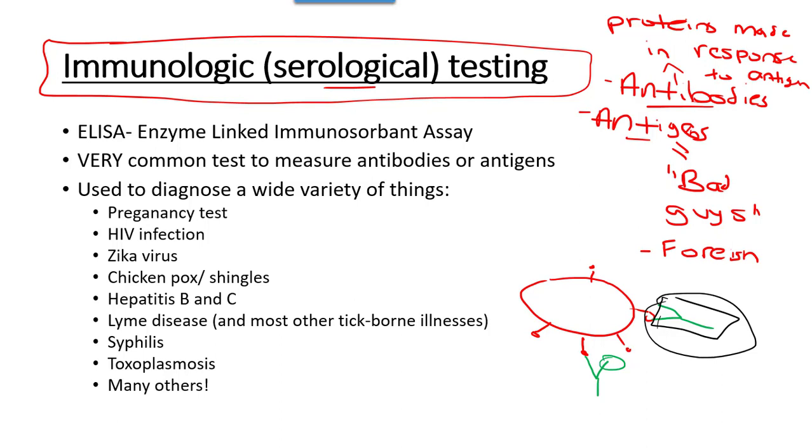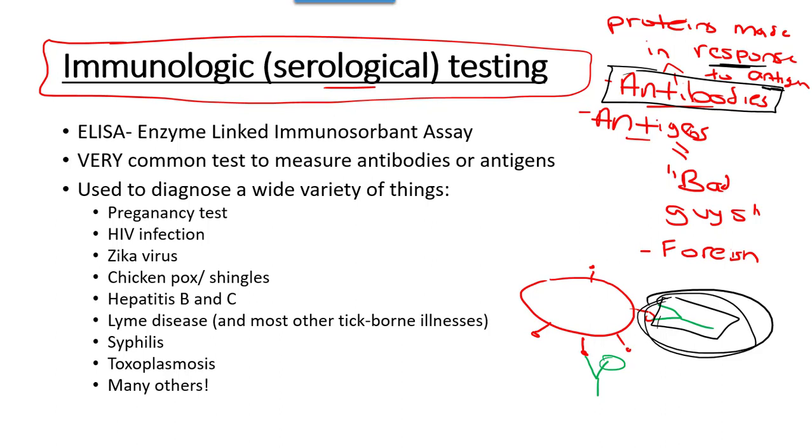All right, so antibodies are made in response to an antigen. And of course, if somebody had been vaccinated against the flu, then they might have antibodies against that strain of flu. So there needs to be some sort of antigen present in order for the immune system to make antibodies. So antibodies, measuring them, is a way for us to say, has this person been infected with this thing?